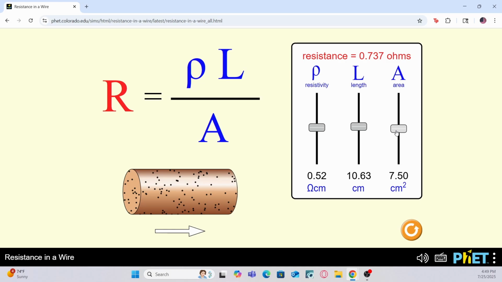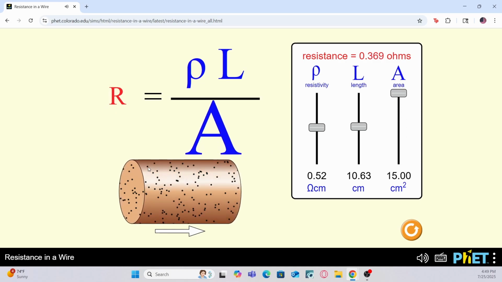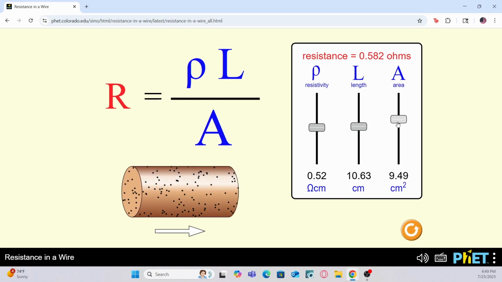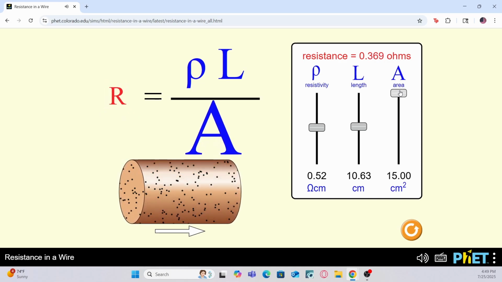And it is because as you increase the area of the conductor, you have more pathways to move around all of these little black dots. If you, being the current or flow of electrons through the conductor, you have all these little pathways that have now widened or opened up that allow you to bypass these little black dots, these little impurities, points of collision, whatever you want to call them.